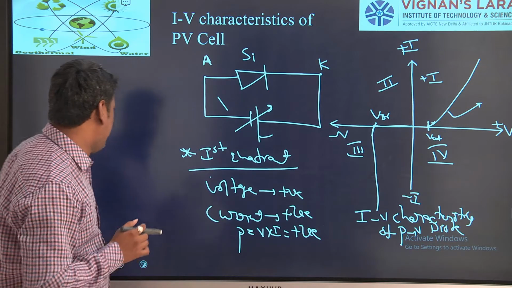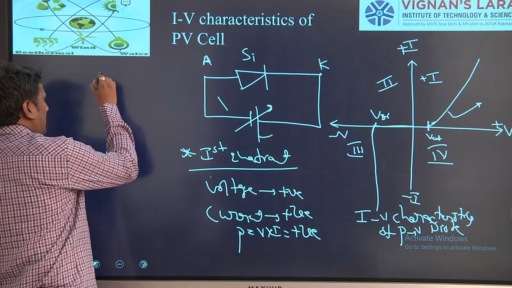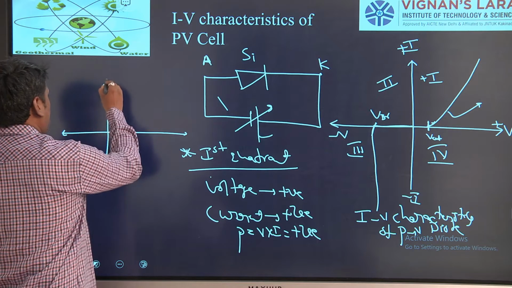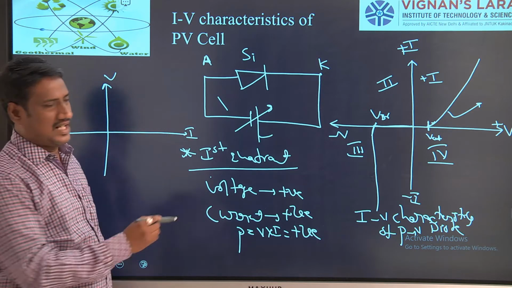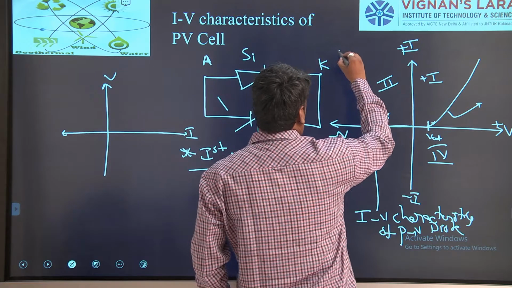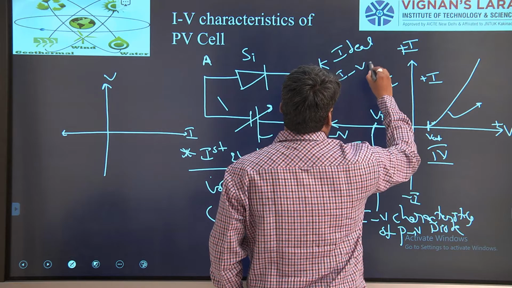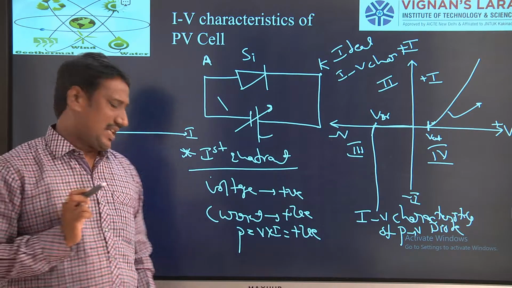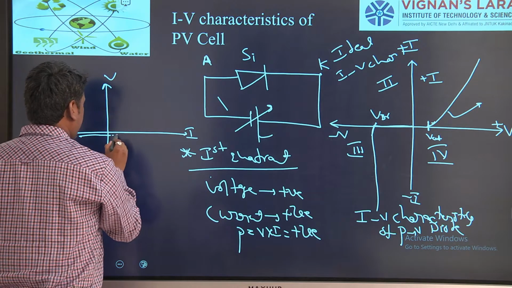Now, one more thing I am going to explain here. This is the voltage and this is the current. These are called the ideal IV characteristics of a diode. Whereas the practical IV characteristics of a diode will be like this.